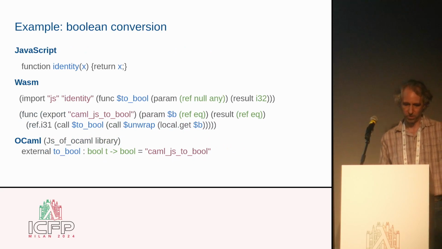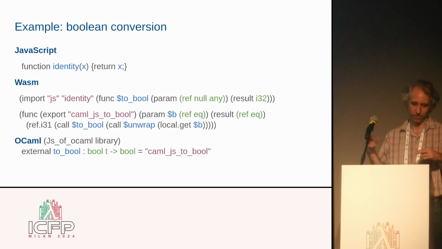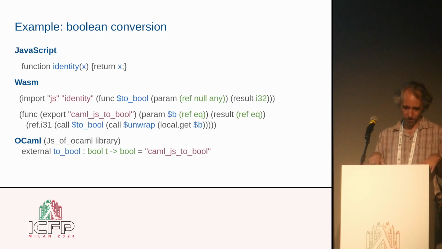So as an example, that's a conversion from JavaScript booleans to OCaml booleans. And the funny thing is that in JavaScript, you can just use the identity function, because when you import this function, you explicitly give some types, and when you use it from WebAssembly, some conversions are performed. So the function to_bool takes as argument any JavaScript value, so a boolean, and returns an integer.